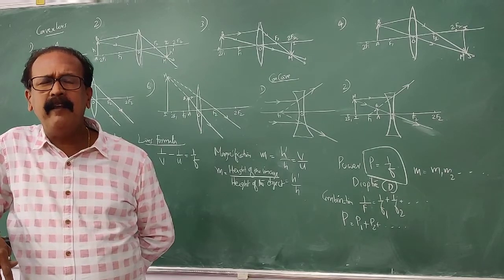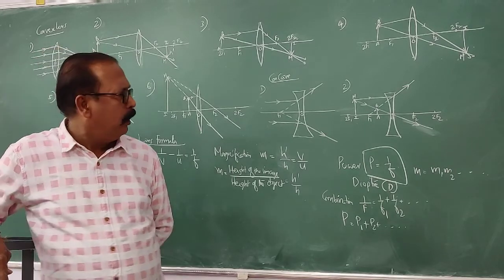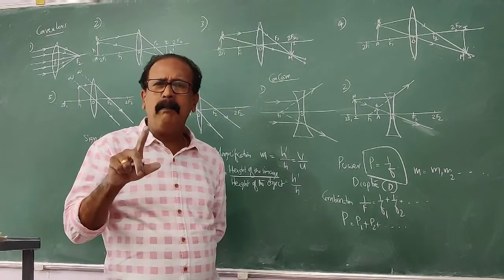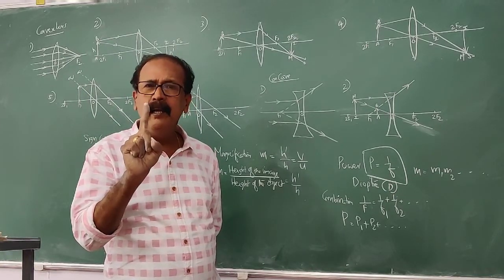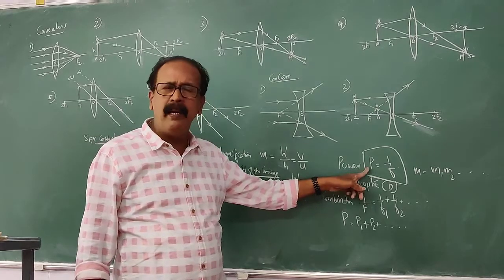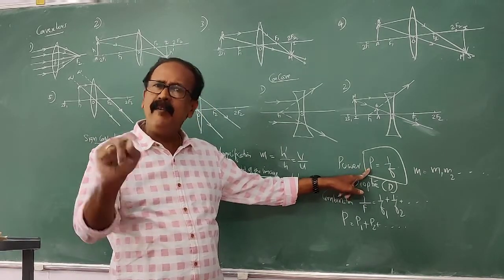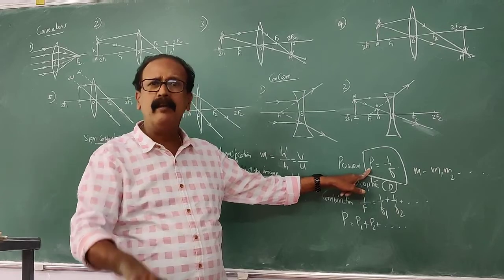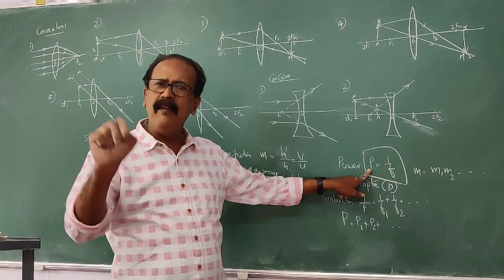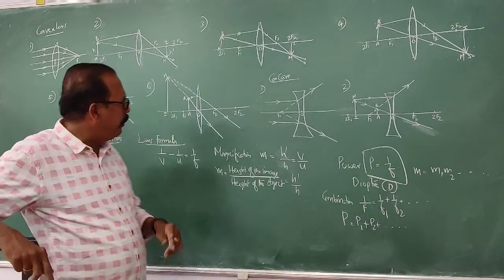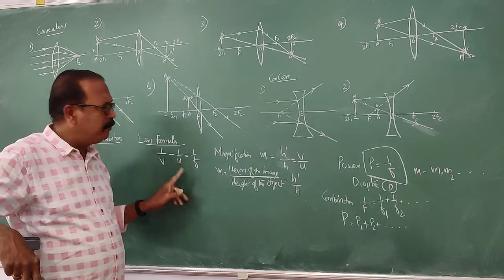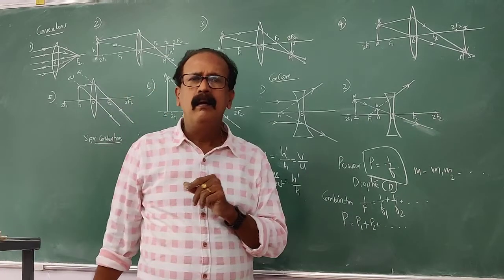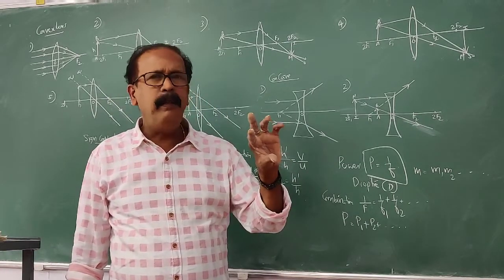One diopter is the focal power of a lens of focal length 1 meter. So, what must be done? For finding the power of a lens, convert the focal length from centimeter to meter. There is no harm while you calculate the distance using the lens formula in centimeter. Nothing wrong. But while calculating the power, convert the centimeter into meter.